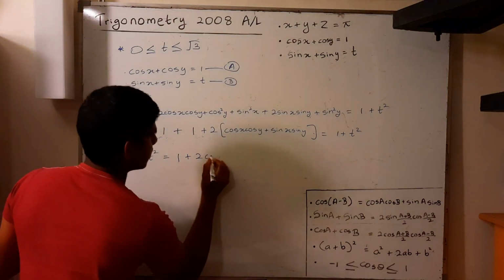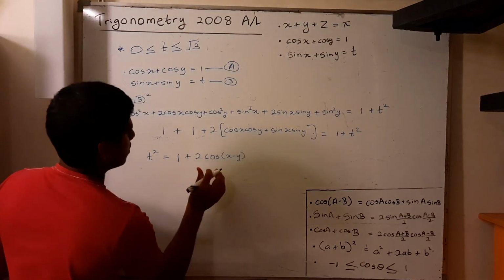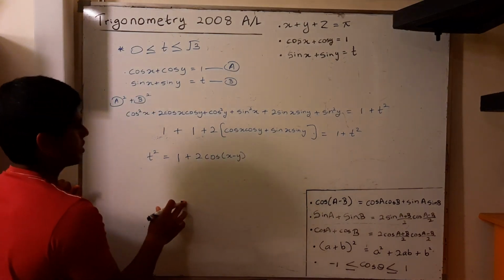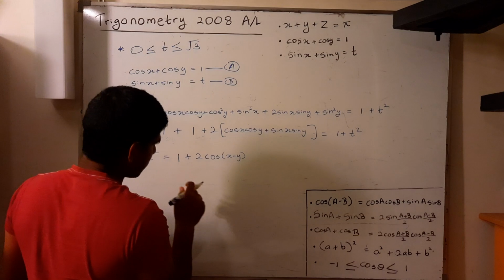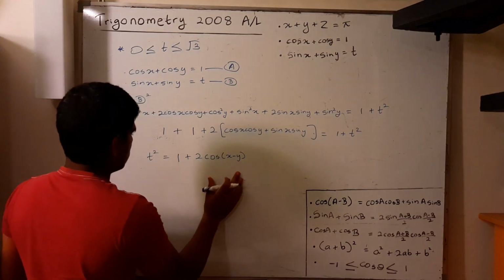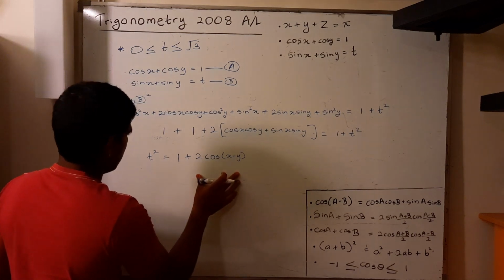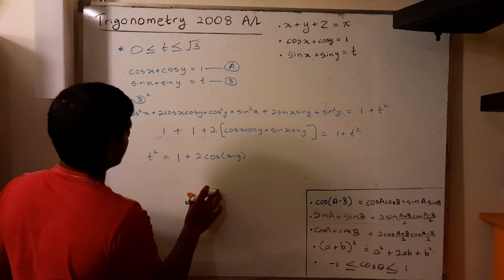In other words, we can write this as cos(x - y). Once we expand this, it becomes cos x cos y plus sin x sin y. So I simplified it and wrote it as cos(x - y). So basically t squared equals 2 cos(x - y).